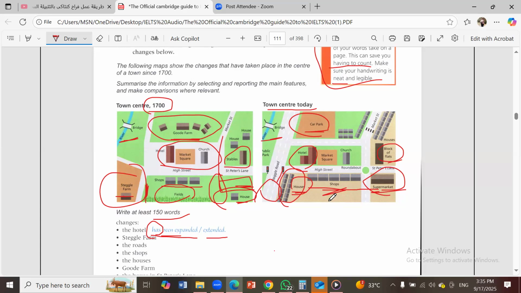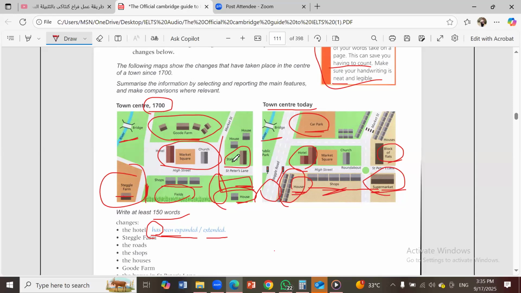So, where is it located according to the church? I think it's the right of the church. On the right. No, in the opposite of the church. مقابلها, in the opposite.